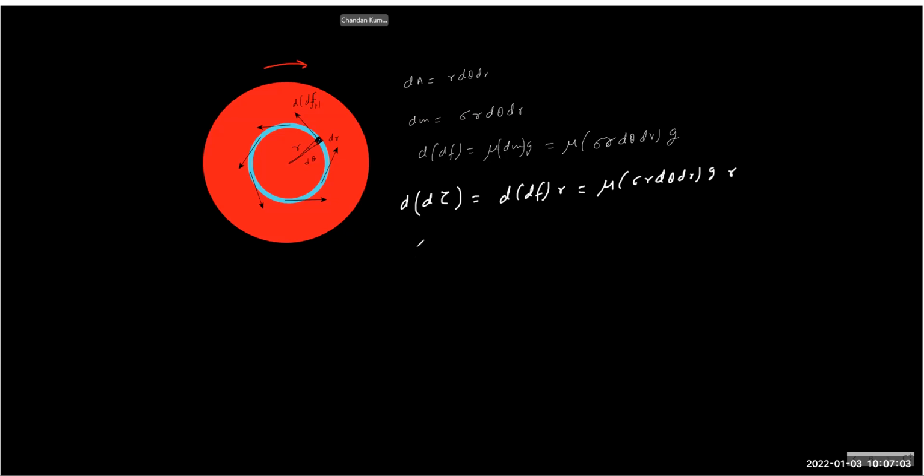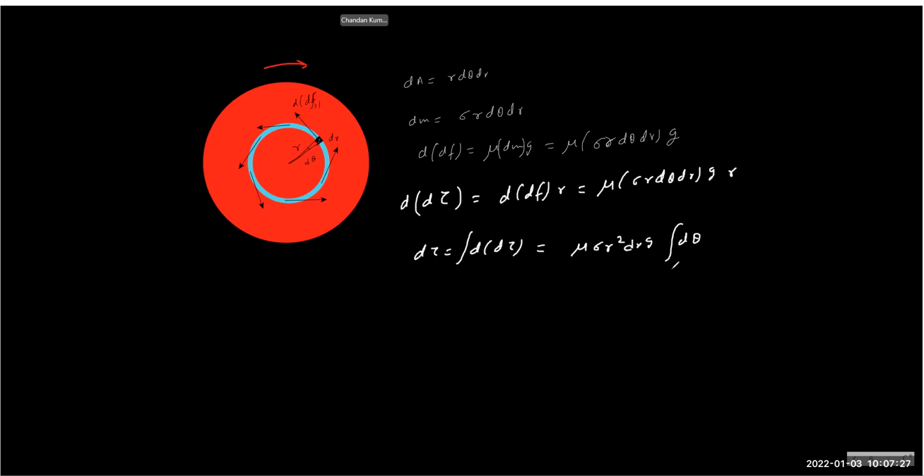First we integrate for theta to cover the entire ring, taking r square dr and g outside, only the d theta part.